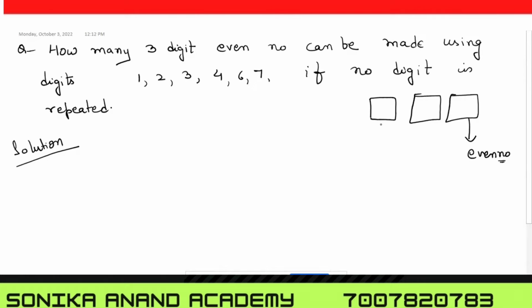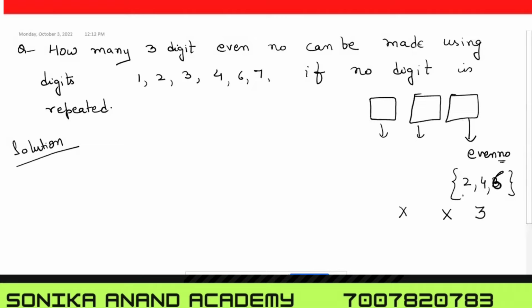So I have choices for these two. But for the even number, how many choices do I have from the data? Three: 2, 4 and 6. Three choices. So we have to multiply with 3, as we multiplied with 9 in the previous questions.